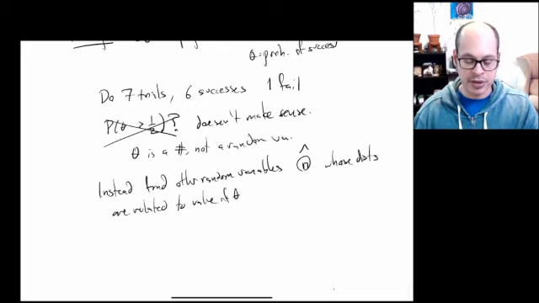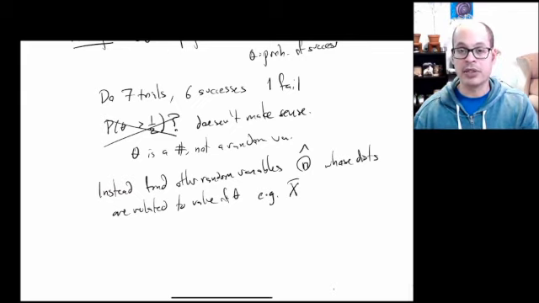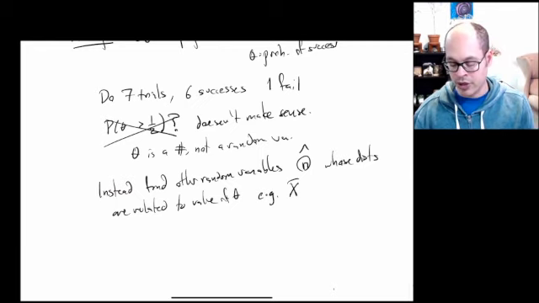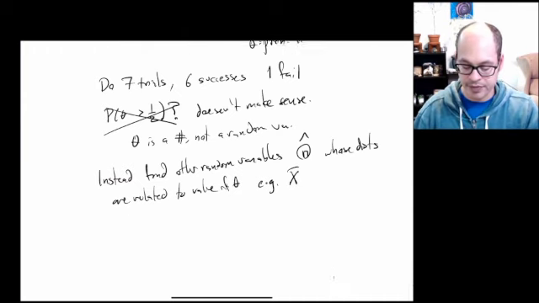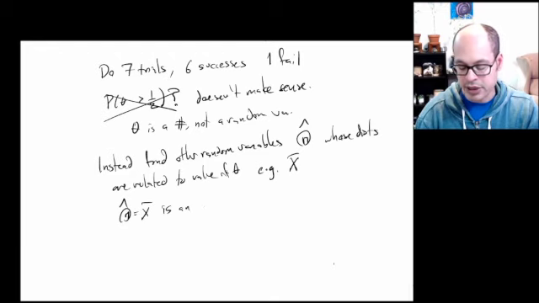For example, x bar is a random variable whose expected value is the value of theta. We know that x bar tends to be close to the value of theta. So theta hat equals x bar is an estimator for theta.